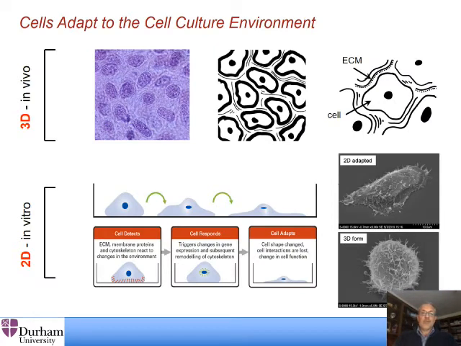In vivo, in real tissue, cells obviously grow in 3D with their neighbours and other cell types, and the extracellular matrix. But more often than not, we pull these relationships apart and we culture cells in a very simplistic environment, such as the Petri dish or the cell culture flask.